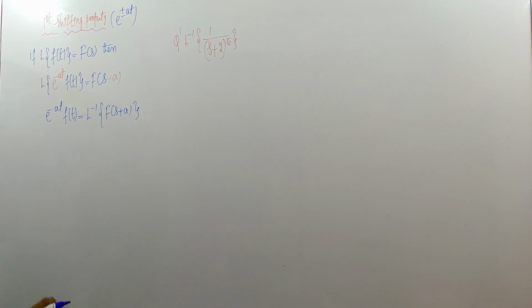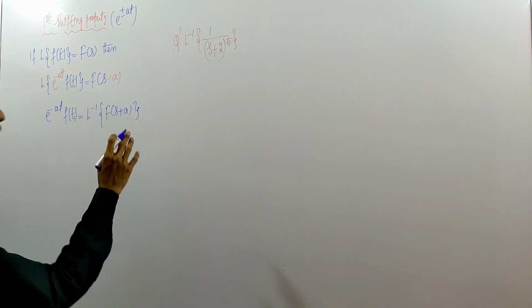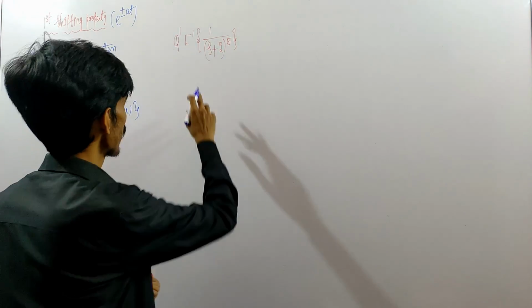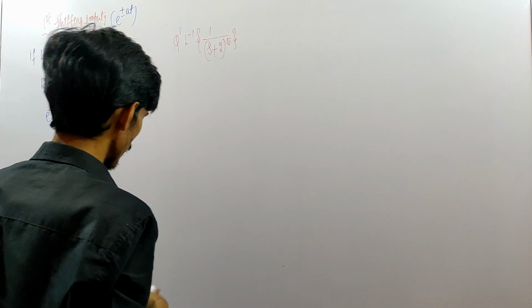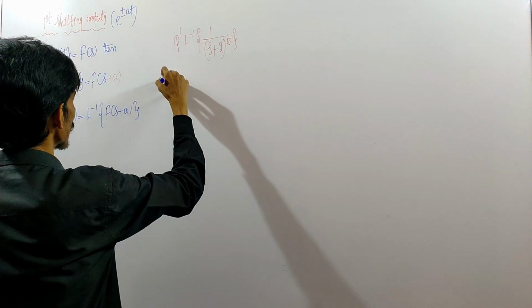This is the property that we will use here in inverse Laplace transform. By using this property, we will solve one question. Here we have L inverse 1 by s plus 2 whole power of 5. So let us see the solution for this.